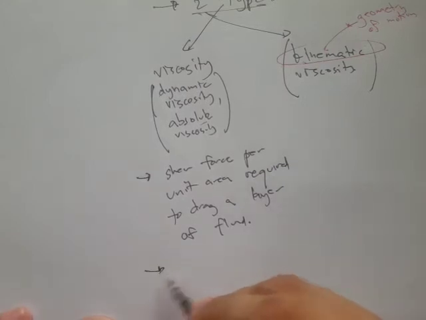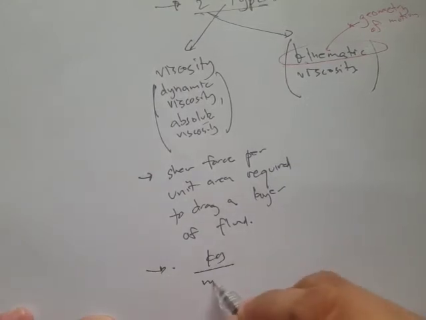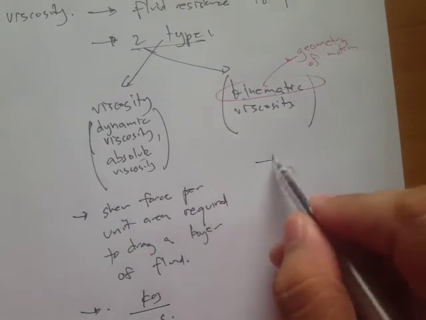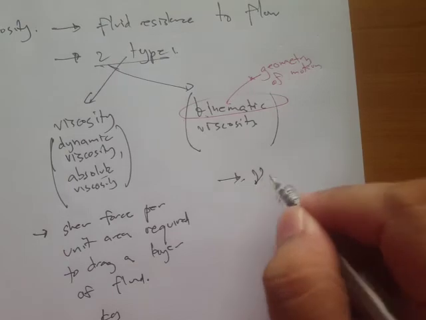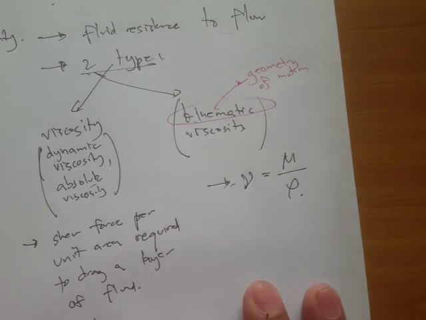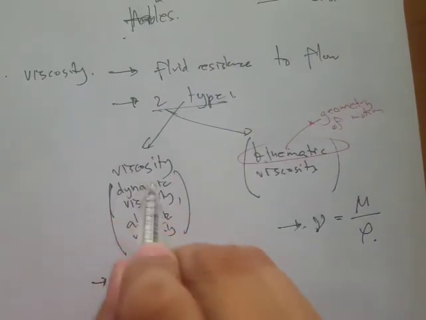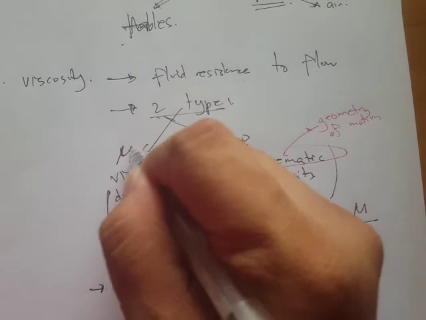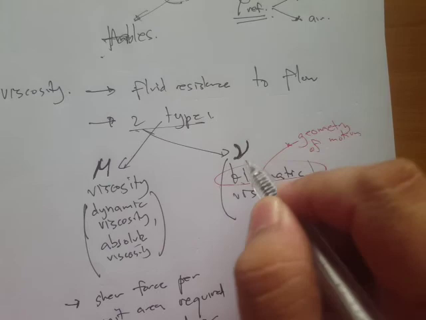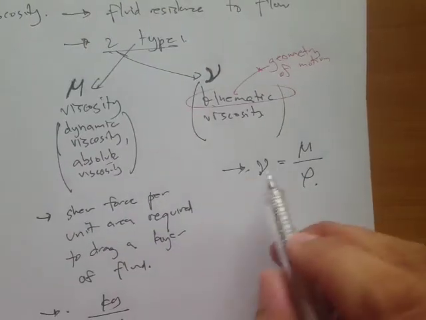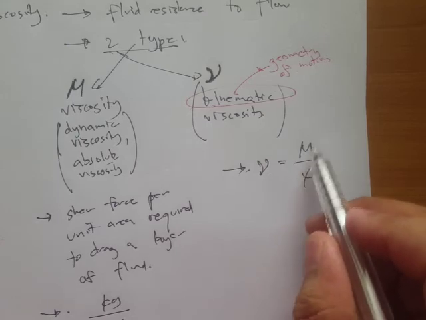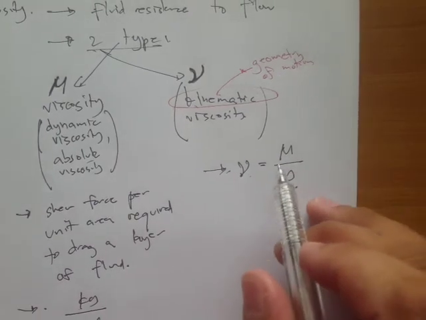Okay, and the unit for this is kilogram per meter second, and this for the kinematic viscosity is basically the ratio of the dynamic viscosity to the density. Okay, so our symbol for viscosity or dynamic viscosity is mu, and this one is nu. Right, that's the Greek letter. So nu, the kinematic viscosity, is basically the dynamic viscosity divided by the density.